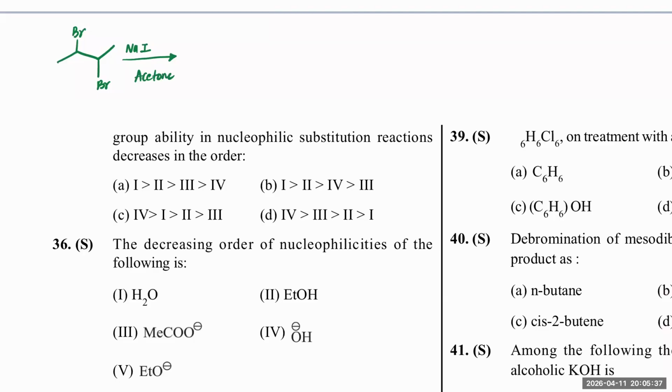So what would happen here is this I minus will take bromine from here instead of hydrogen, pushes this bond and removes this bromine. So now you can see it is a proper E2 mechanism with anti-elimination. So here we'll get a double bond plus IBr plus Br minus. Br minus basically is becoming NaBr precipitate. So here NaBr precipitate is observed.